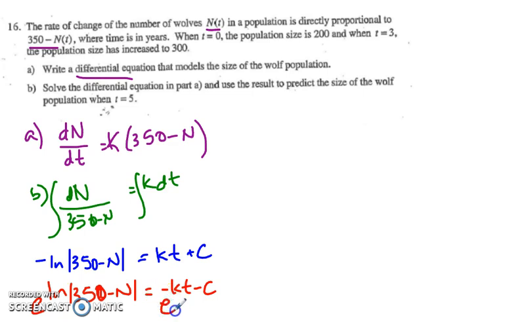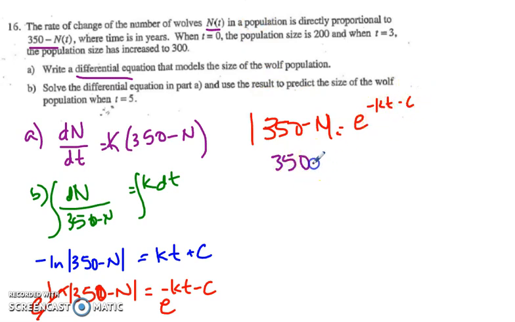Then I can exponentiate both sides of the equation. At that point I have the absolute value of 350 minus n equals e to the negative kt minus c. Then I can absorb my absolute value and combine the e to the negative c on the right to become a.